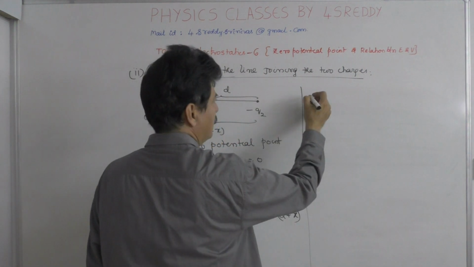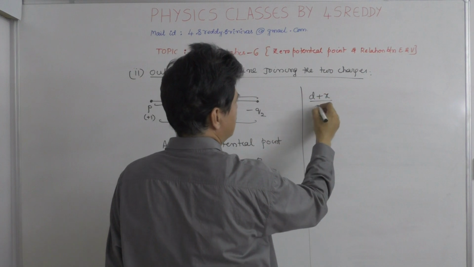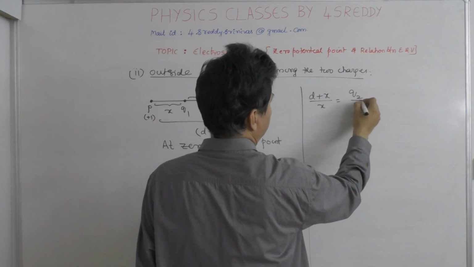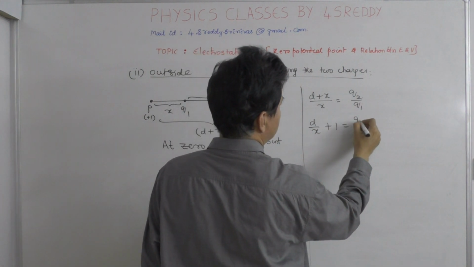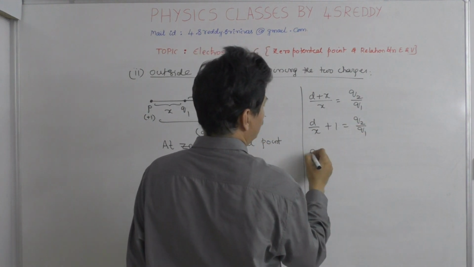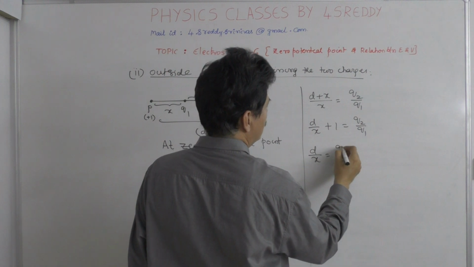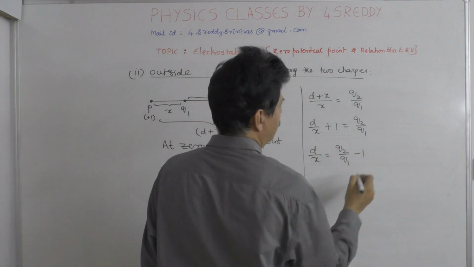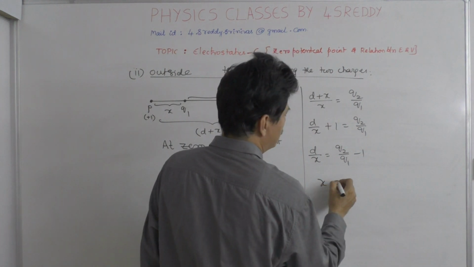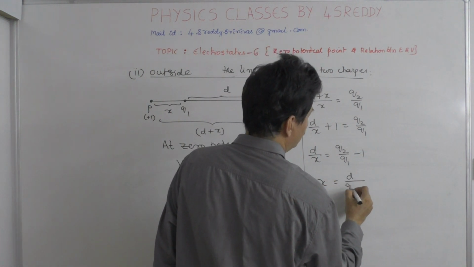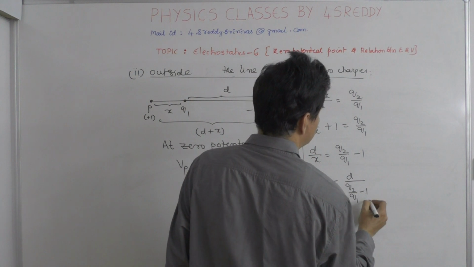Therefore, d plus x by x is equal to Q2 by Q1, or d by x plus 1 is Q2 by Q1, or d by x is Q2 by Q1 minus 1. Therefore, x is equal to d by (Q2 by Q1 minus 1).